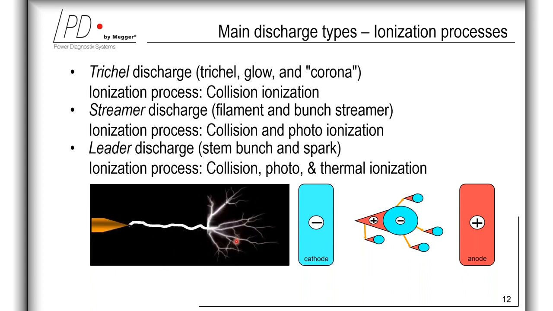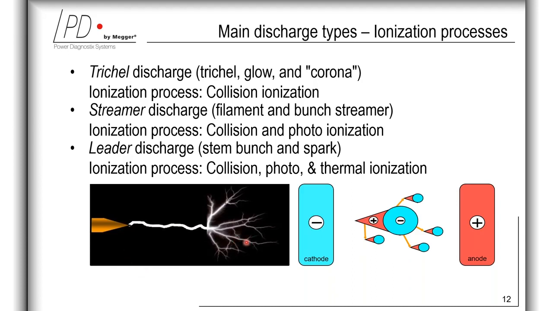The next escalation in the gas discharge process is the thermal ionization. In case the temperature in the discharge channel gets high enough so that it causes thermal ionization, then the number of free electrons increases rapidly, and the current in this comparably narrow channel increases very strongly.